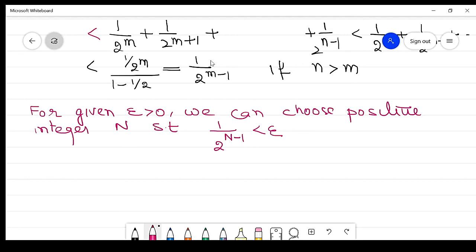So to prove this result should be less than epsilon, we choose this kind of result. It implies this value. So what is this?